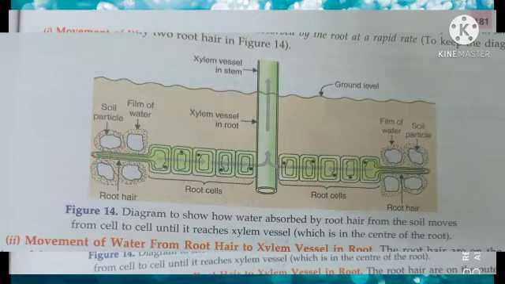And the root hair are in contact with the water present between the soil particles. Water from the soil enters the root through root hair. The large number of fine root hair increase the surface area of the root in contact with the soil water, due to which more water can be absorbed by the root at a rapid rate.